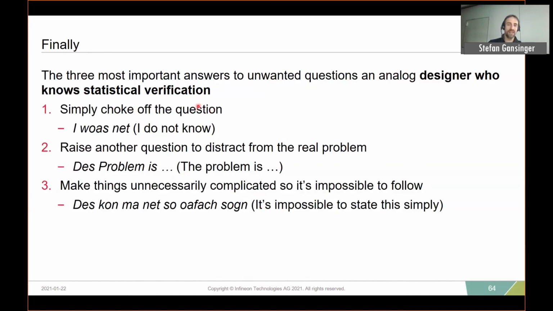I guess you paid attention or had a close look. I would say the answer is easy. Of course, the 3 answers stay the same because we are still analog designers, but we learn statistics. So we can add: with a probability of 95%. So we are saying, I don't know, with a probability of 95%. With this, I'm coming now really to the end.